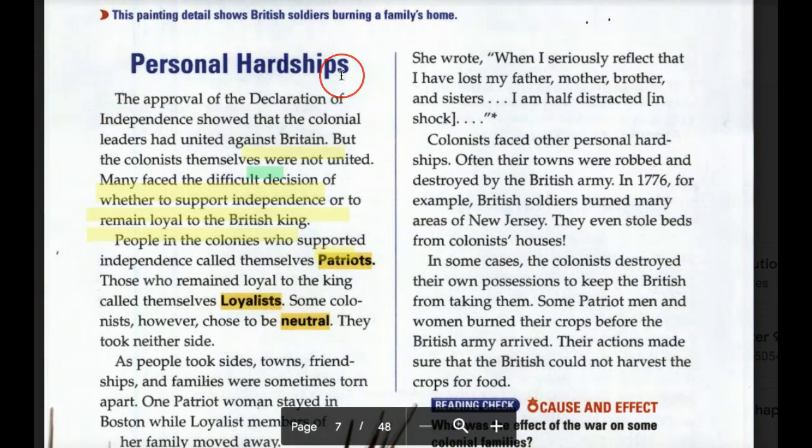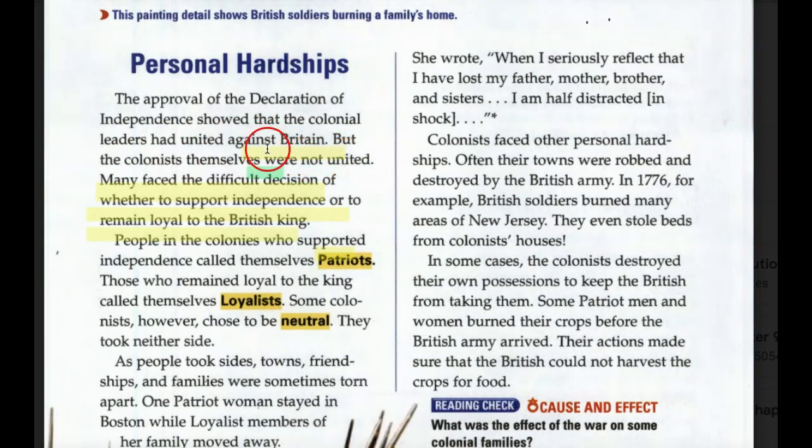Personal hardships. The approval of the Declaration of Independence showed that the colonial leaders had united against Britain, but the colonists themselves were not united.